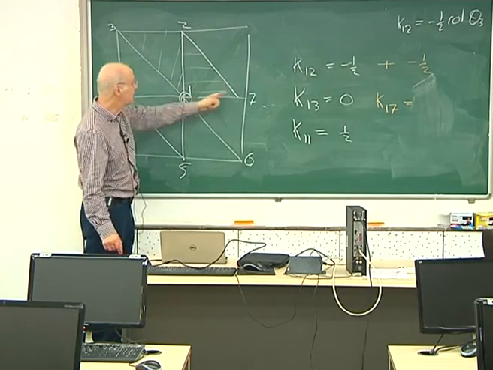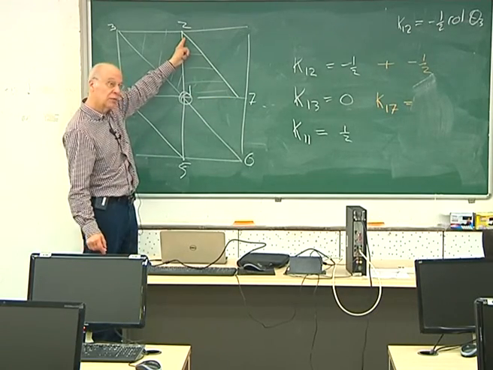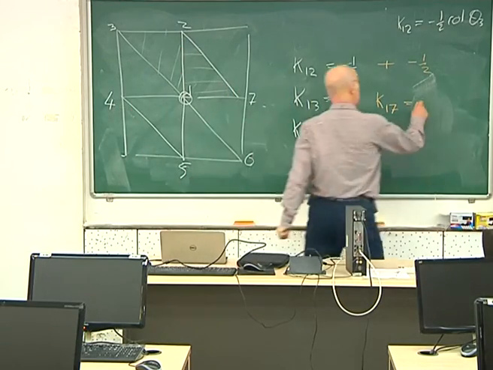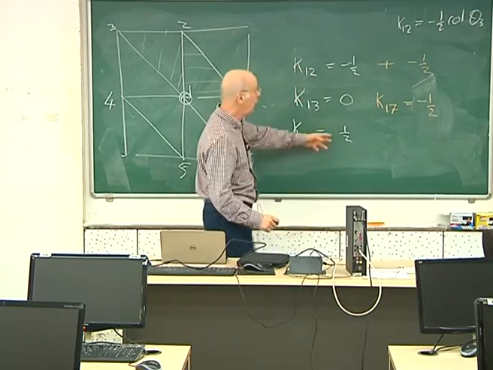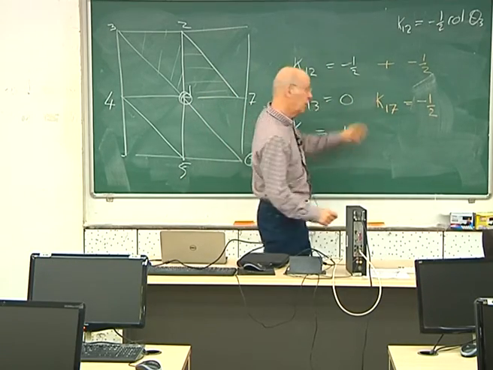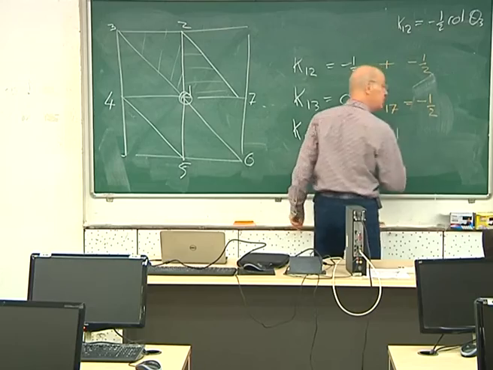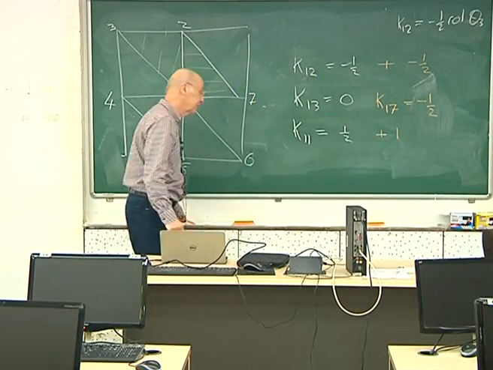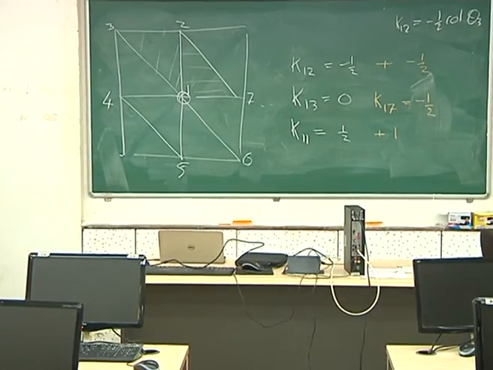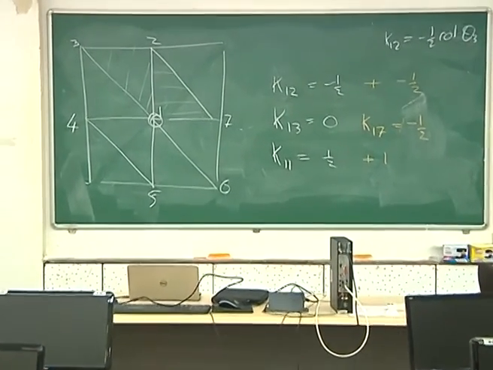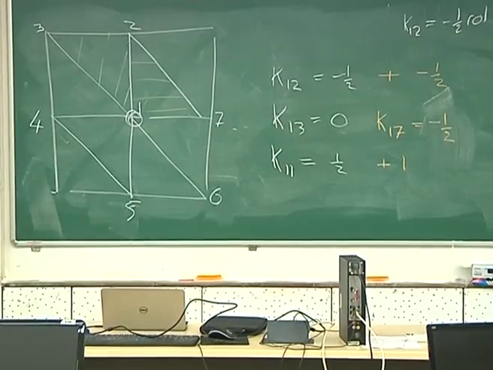For 1, 7, it involves the angle opposite, which is 45 degrees, so I get minus a half. And then for 1, 1, we get the negative sum of those, which is to add 1 more. Okay? Right.